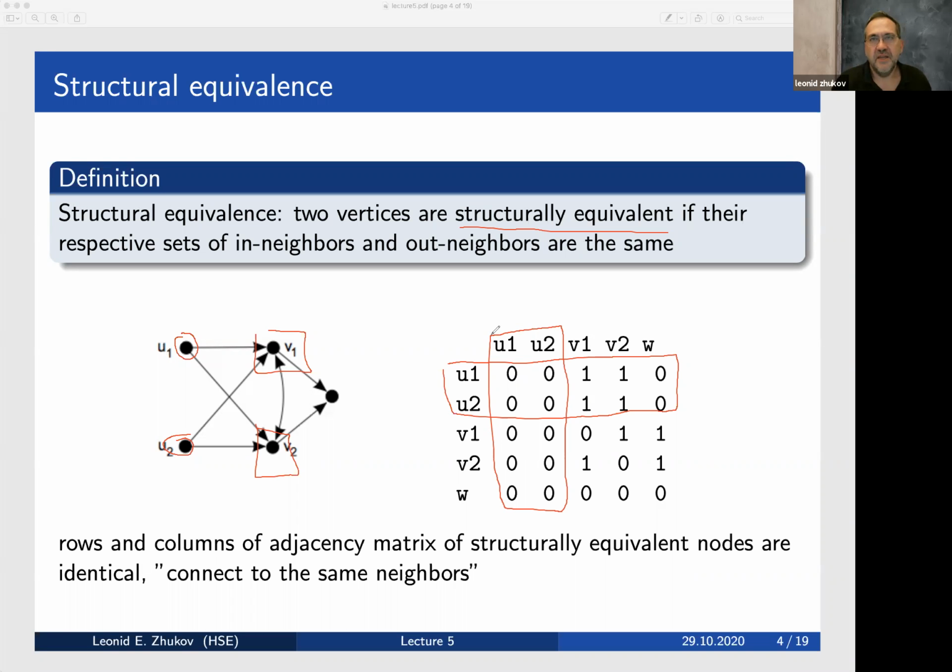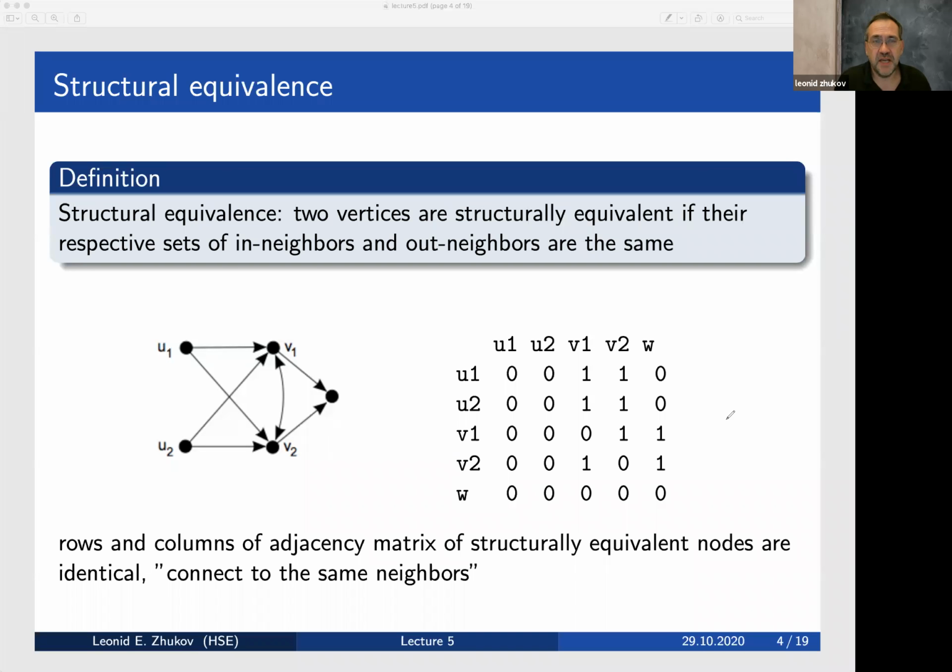Now, this definition, though very simple and quite easy to check, right? You can actually go through all the pairs of nodes. Well, it's n squared, but you can still potentially go through all the pairs of nodes and check them for equivalence. The same way as when we talked about clusters versus completely connected groups of nodes, it's the same idea.